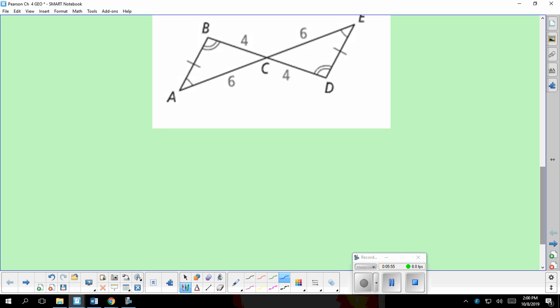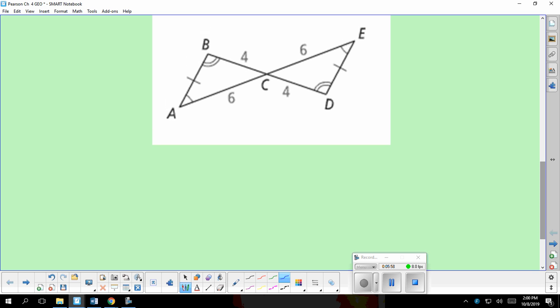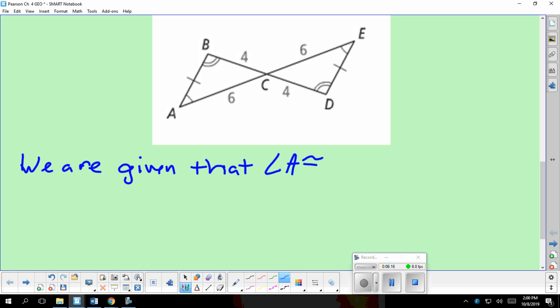So the first thing I know is that you're given that angle A is congruent to angle E, based on these lines right here. And angle B is congruent to angle D.